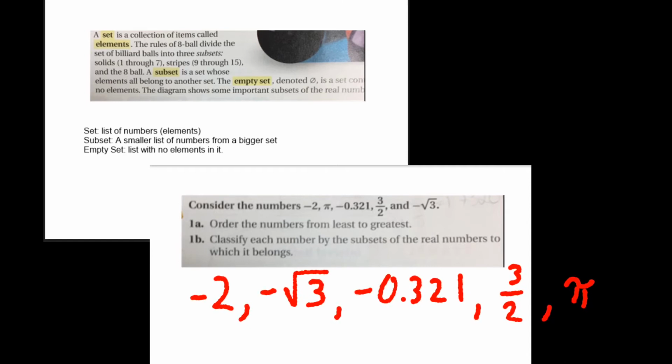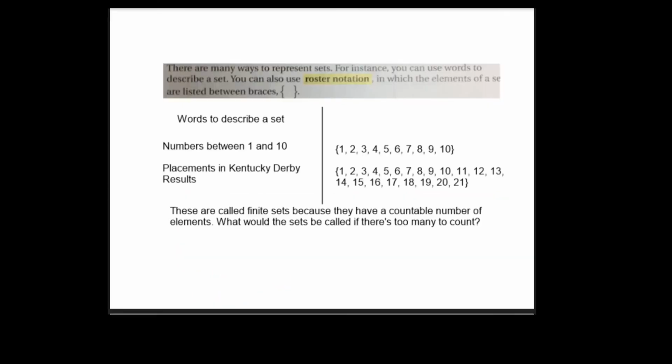All right, so we've talked a lot about our different types of subsets of real numbers. Now let's talk about some ways that we can categorize numbers into sets and different types of notation for that. One of the first ways that we can represent a set is through what is called roster notation.